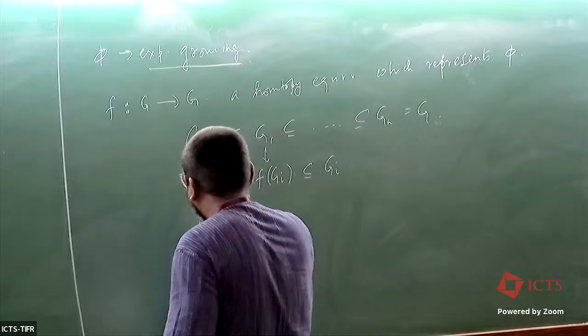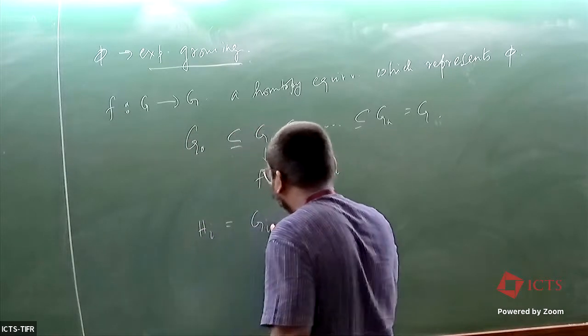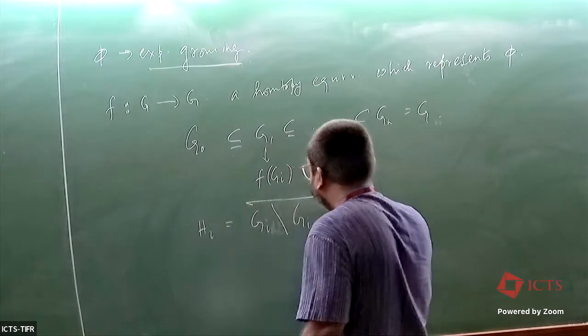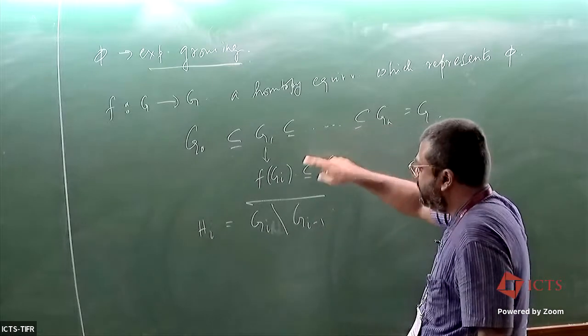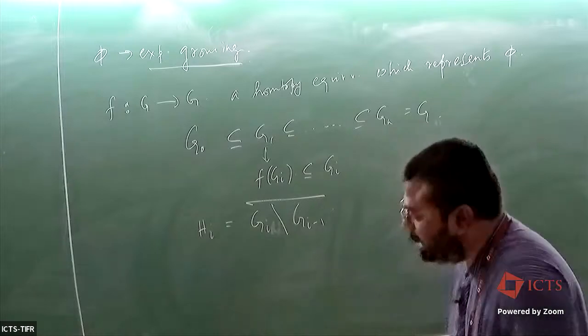And you let this, so you take the difference here and add the vertices, so you get what is called a strata.